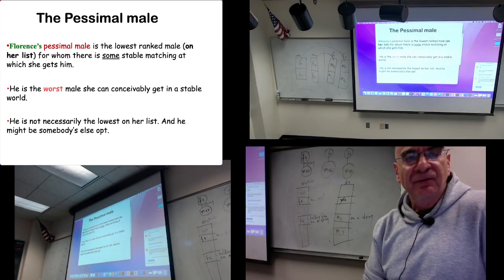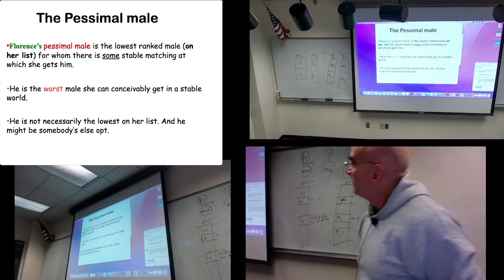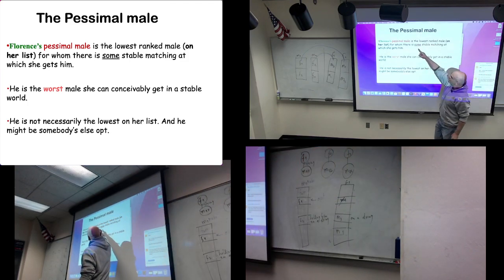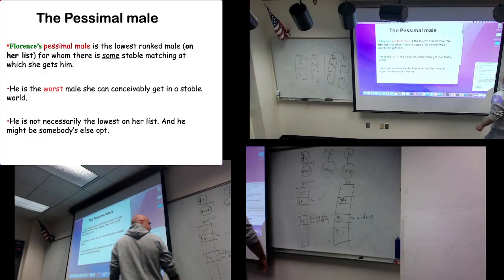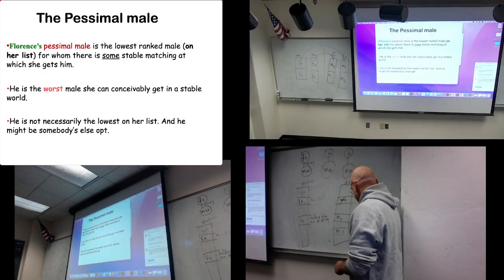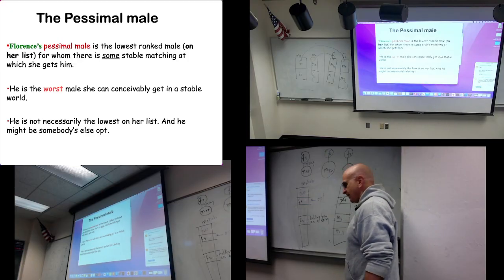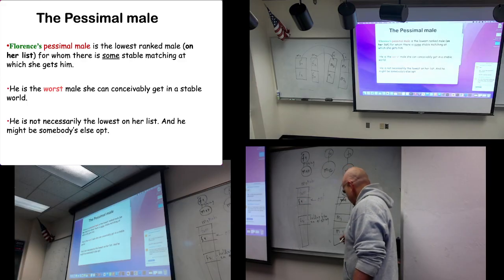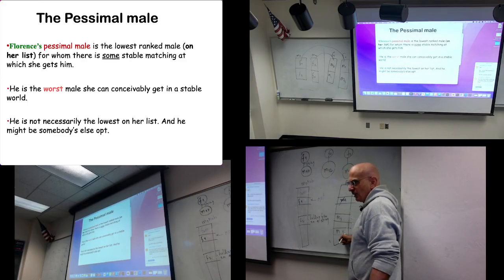Let's talk about Florence, and the pessimal male of Florence. The pessimal is maybe not the very bottom of her list, because the very bottom of her list will not be stable.